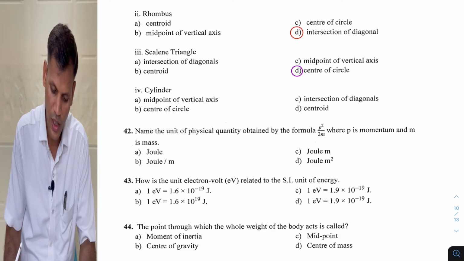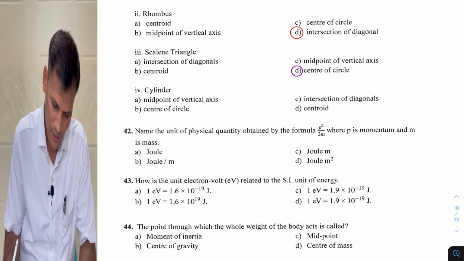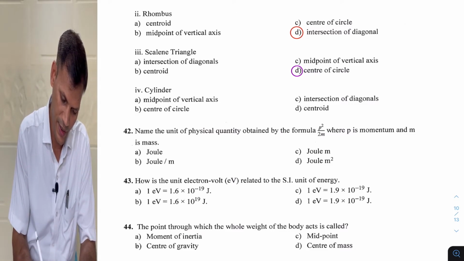Cylinder, midpoint of the vertical circle. Yes, the first one is right.